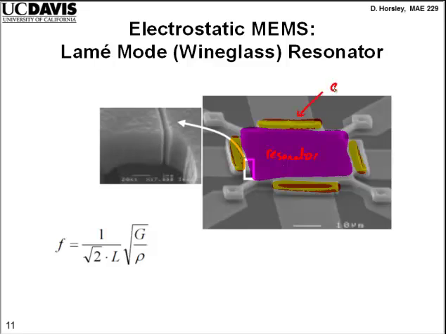These guys are the electrodes. Okay? And they look like they're touching, right? But if you look in really close here, there are these tiny cuts between the electrode here on the left. So this is the electrode, and this is the resonator body. This is basically the moving mass, right? And this is the air gap.